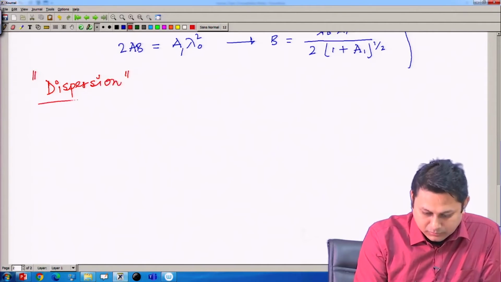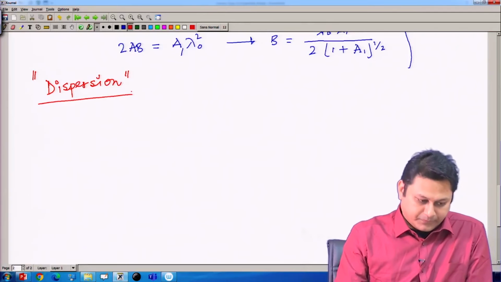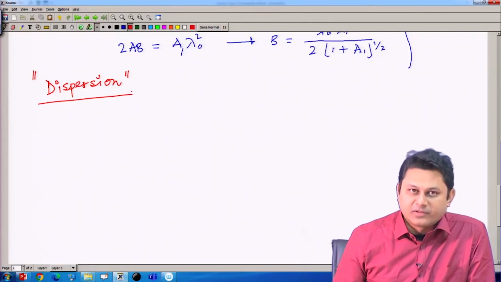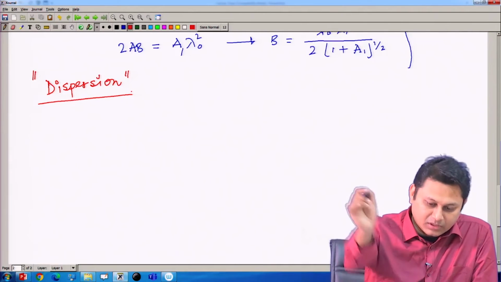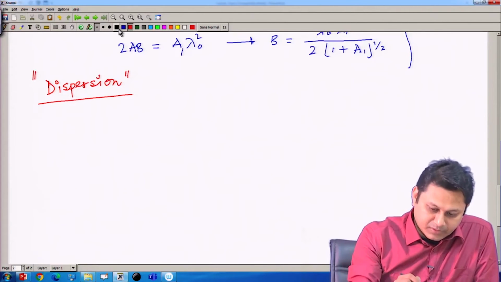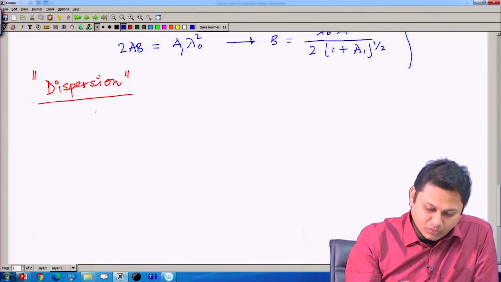Once more, in terms of group velocity, phase velocity, etc., how one can define dispersion, that we are going to learn. So, first the wave vector.